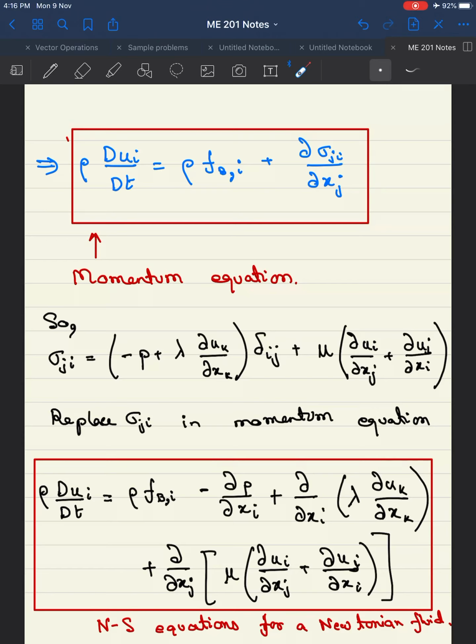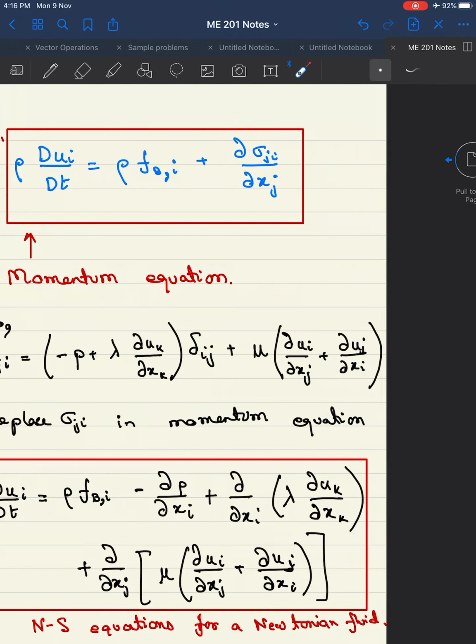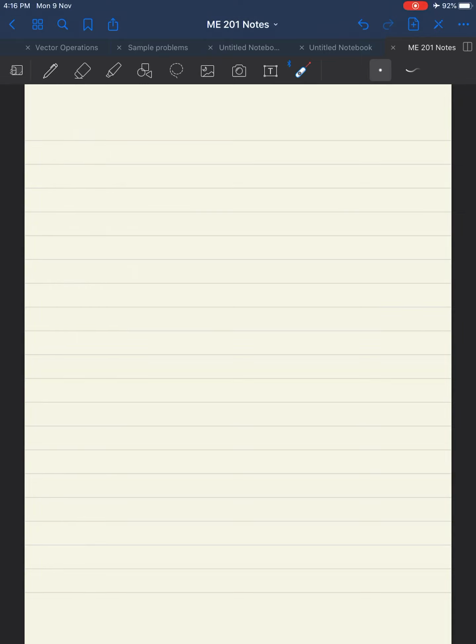Great. Now this equation we can still simplify further if we assume an incompressible Newtonian fluid with, let's say, constant dynamic viscosity. So we can go one more step and simplify.